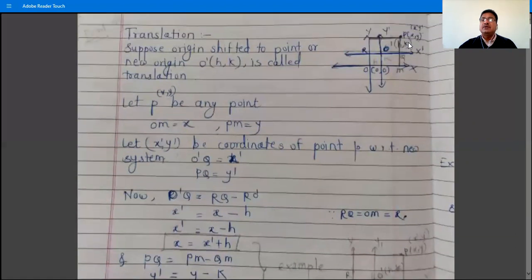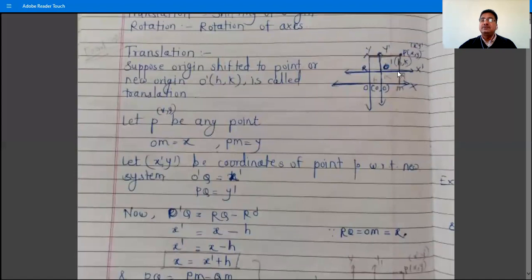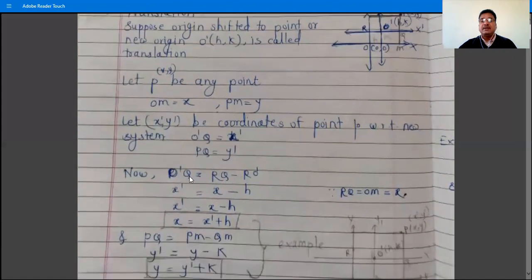O dash Q is actually x dash, but it is RQ minus RO dash. It is R to Q, that is RQ minus RO dash.